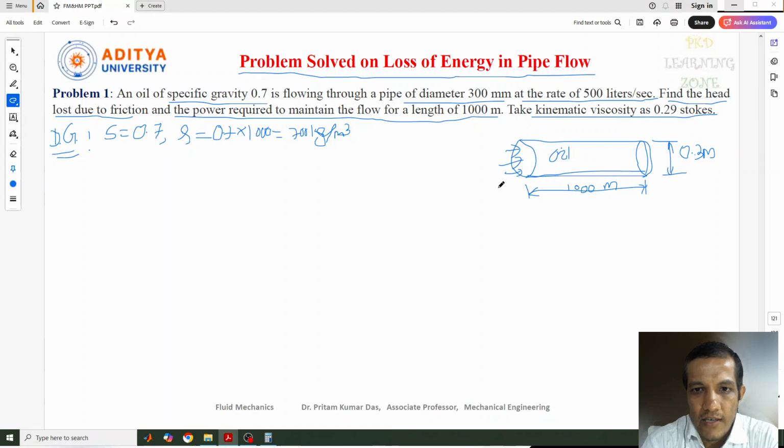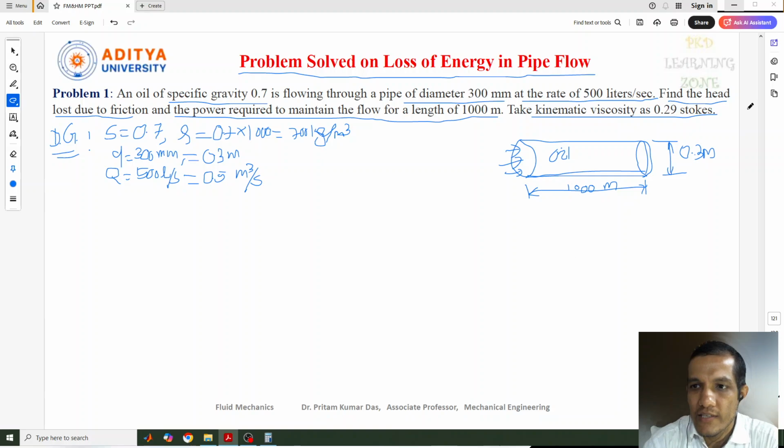And next, diameter D is given as 300 millimeter, which in terms of meter is 0.3 meter. Similarly, Q, the rate of flow, is given as 500 liter per second. So this also we can convert into meter cube per second by dividing by 1000. So we can write 0.5 meter cube per second.